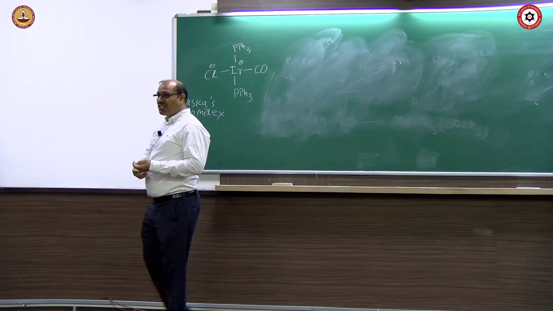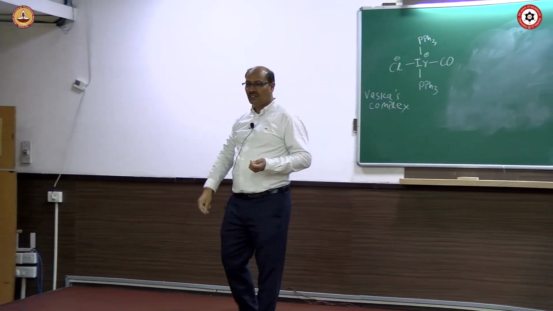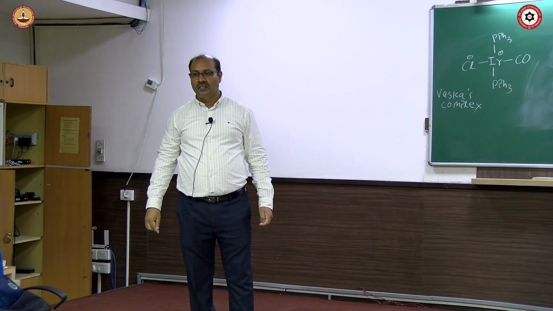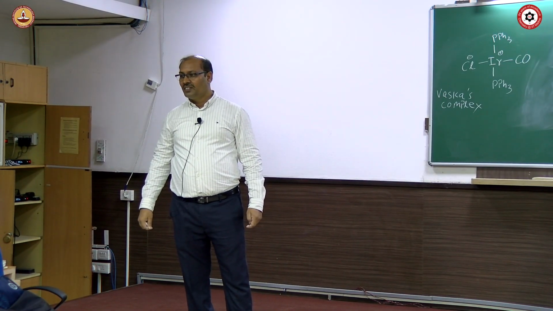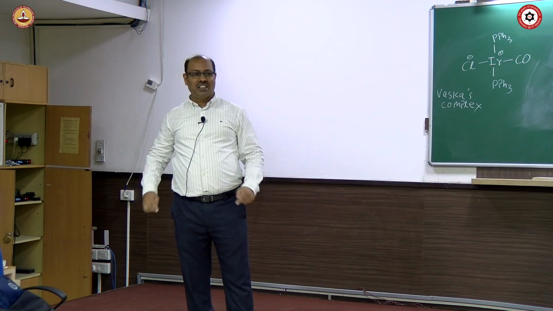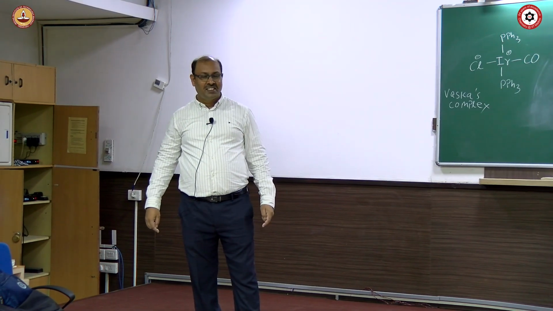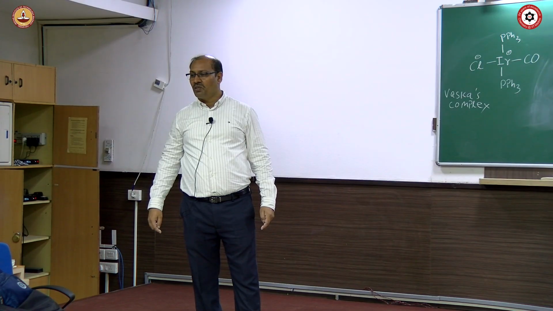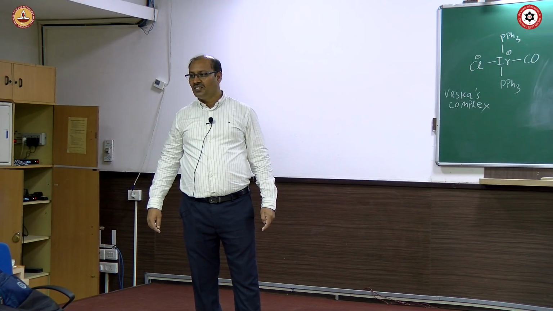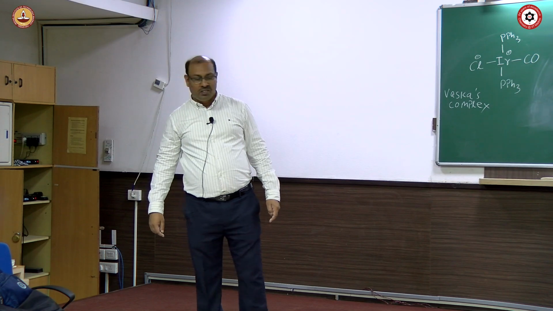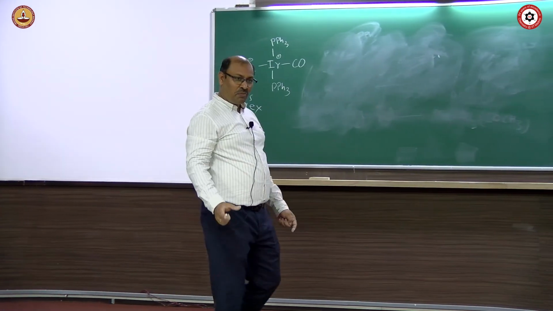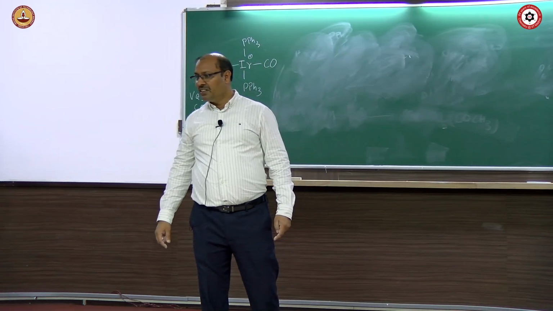Do you know what is Wilkinson's catalyst? What is the formula? What is the metal? Rhodium. What are the ligands around it? Triphenyl phosphine. So what is the formula? Wilkinson catalyst you should be able to know. That formula is there. You read it somewhere, right?